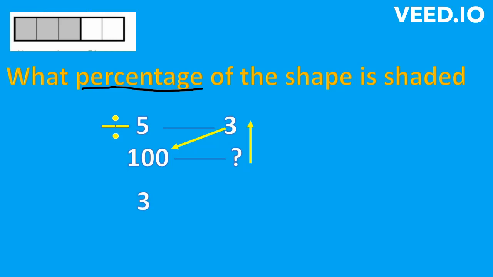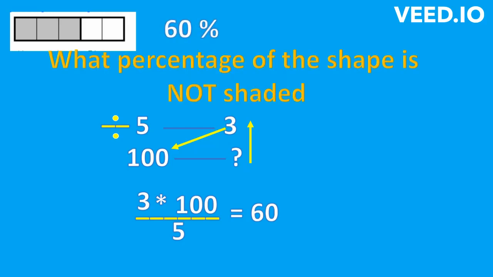3 times 100 divided by 5. So 60% of the whole shape is shaded. Suppose I ask you what percent of the shape is not shaded.